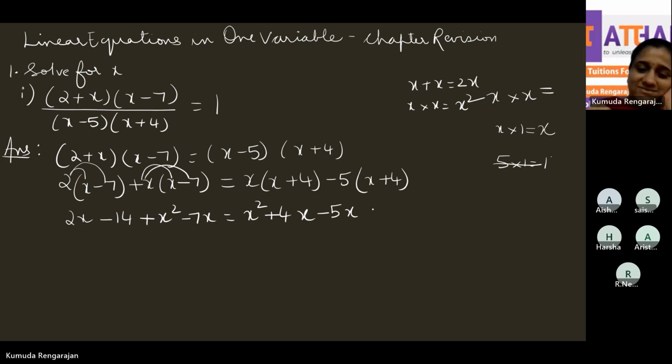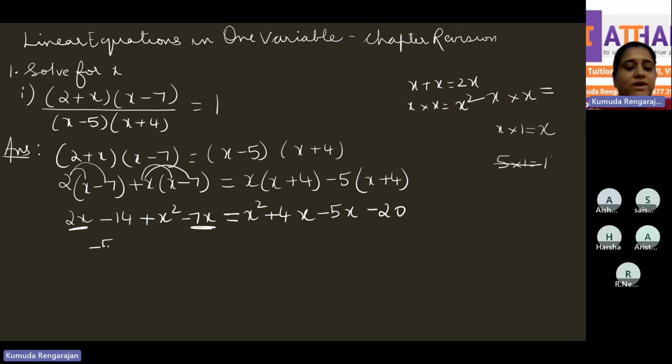Minus 5 into 4 will be minus 20. Okay, thank you. See the like terms here: 2x and minus 7x, ma'am. Simplify. 2x minus 7x will be minus 5x.